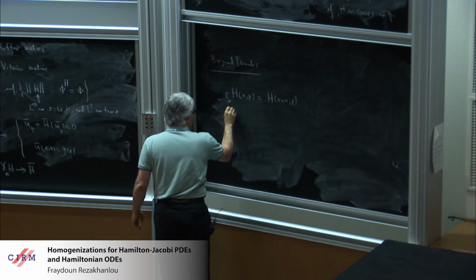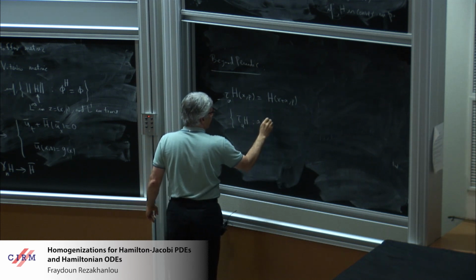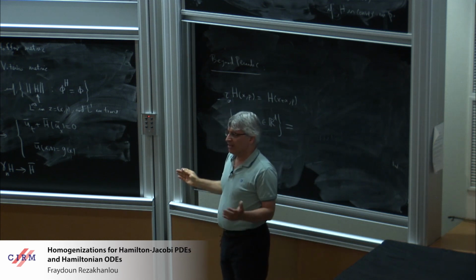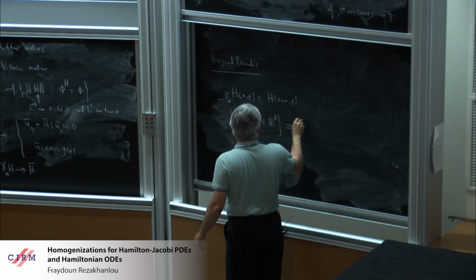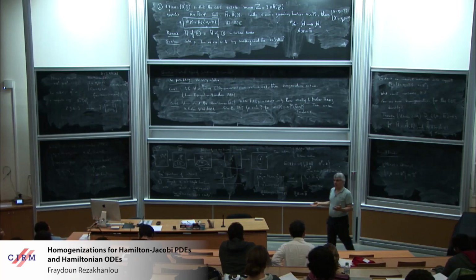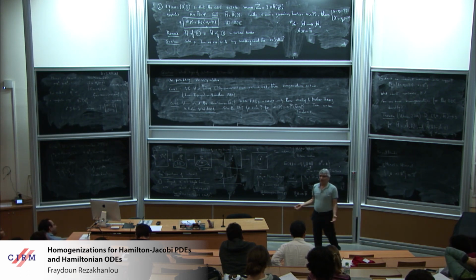So basically, periodic means if you look at all possible translations of the Hamiltonian, that's a torus. In fact, if you equip the space of Hamiltonians with the uniform topology, then topologically speaking, you basically have a torus, because after one period, you're back to where you started.